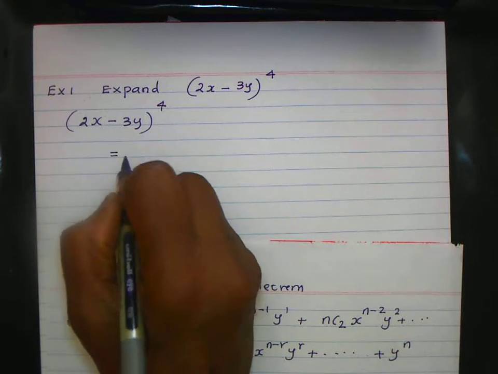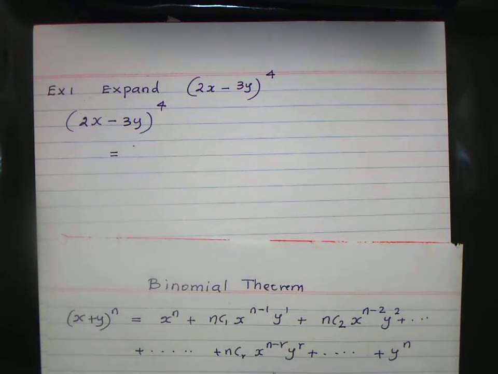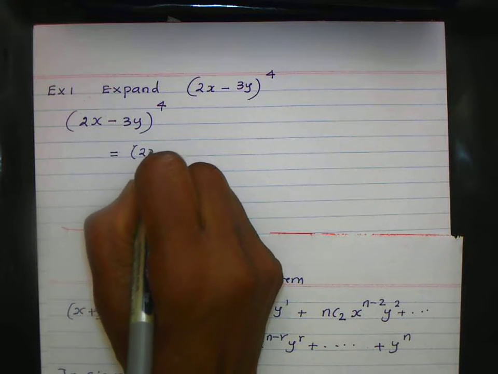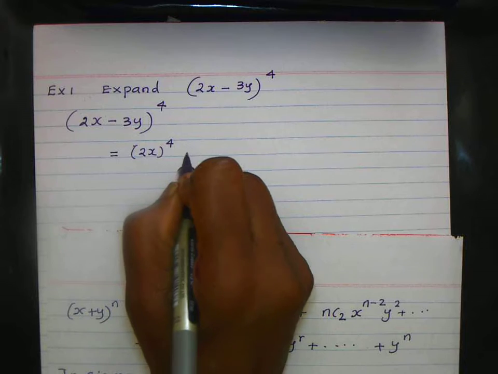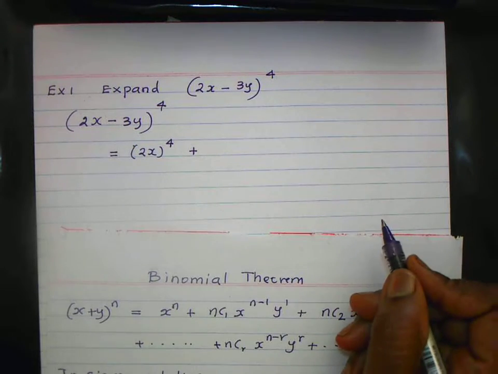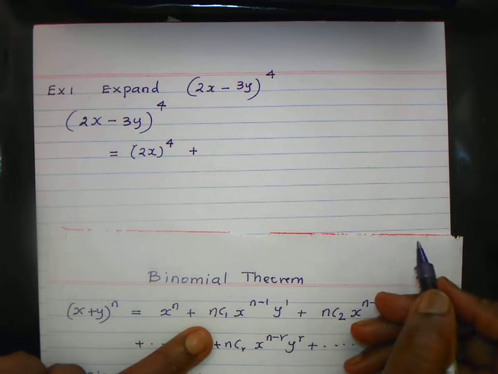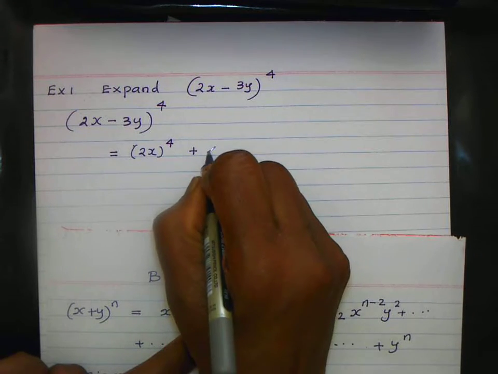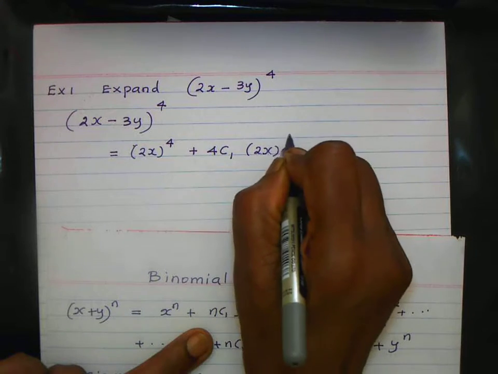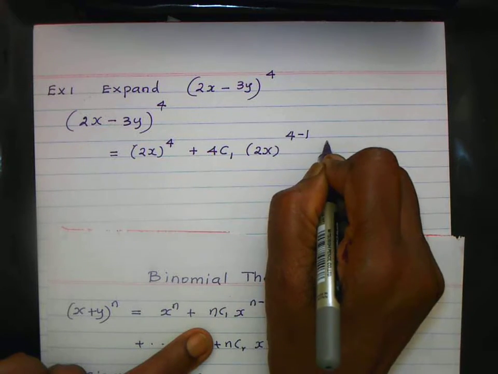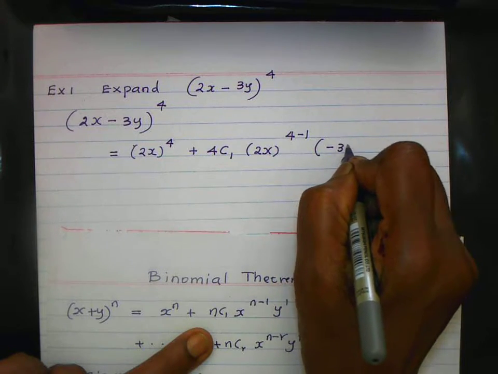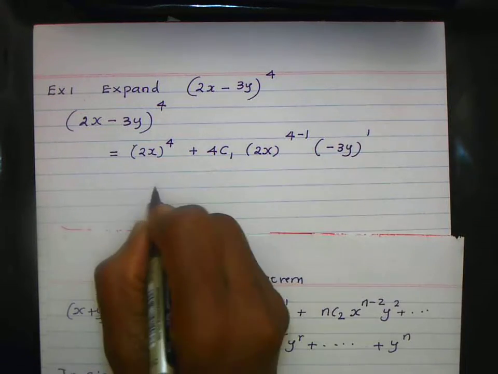Now we just write the first term as x to the power n, which in this case is (2x) to the power 4. Then the next term is nC1, which in this case is 4C1 (2x) to the power 4 minus 1 times y to the power 1. Y in our case is (minus 3y) to the power 1.